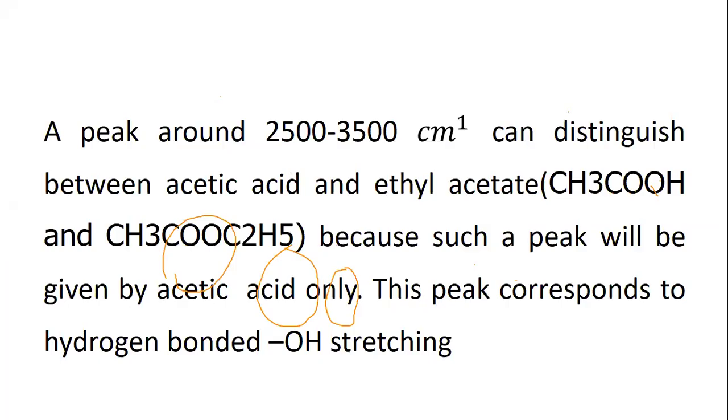A peak around 2500 to 3500 per cm can distinguish between acetic acid and ethyl acetate, CH3COOH and CH3COOC2H5, because such a peak will be given by acetic acid only. This peak corresponds to hydrogen bonded OH stretching.